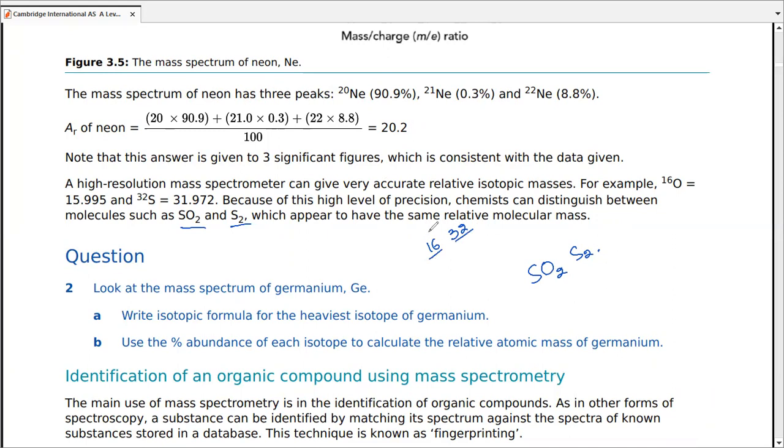But if we don't go with these whole numbers, and instead go with these accurate numbers, we might be able to differentiate between these two because the answer won't be the same. Go ahead and add these values up, and you'll understand the answer to the calculation of Mr for SO2 or the calculation of Mr for S2 would be entirely different. And that's how this high level of precision helps us with understanding what that is.